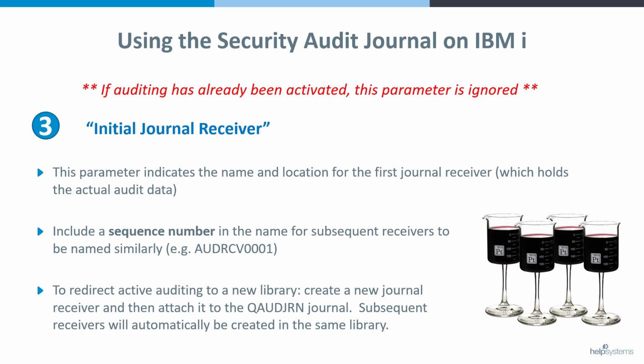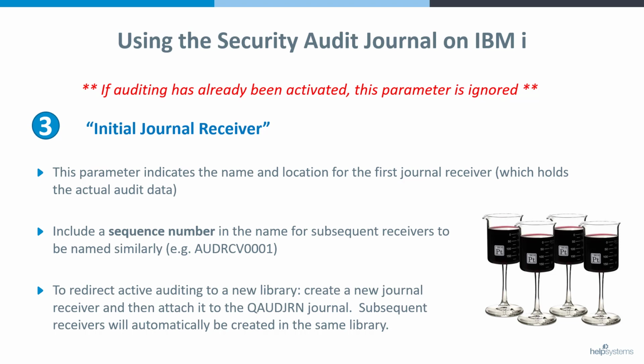If you are indeed already auditing, and as we've said, there's an 80% chance that you are, if you like my idea of having the audit receivers in their own distinct library, then there are a couple of steps that you have to follow. Namely, creating the library, of course, but then creating manually a new journal receiver in that library with the naming convention that I've laid out here.